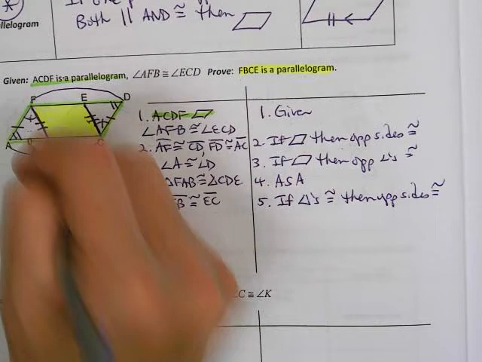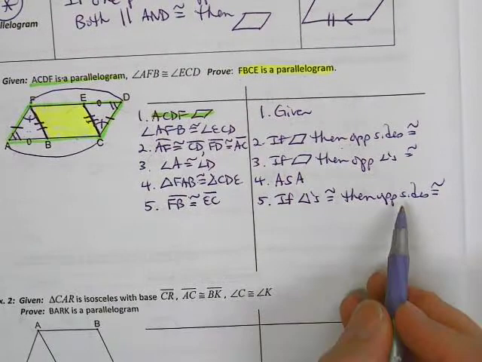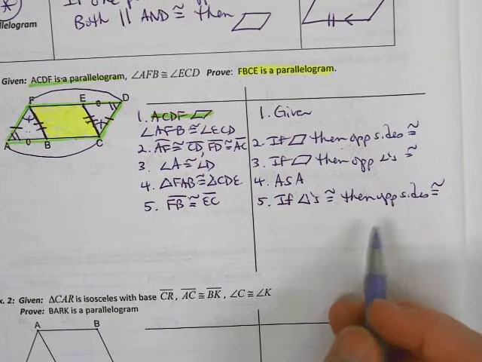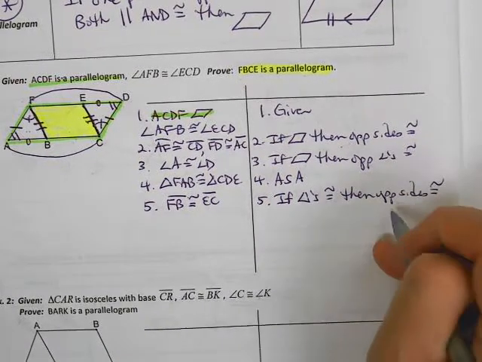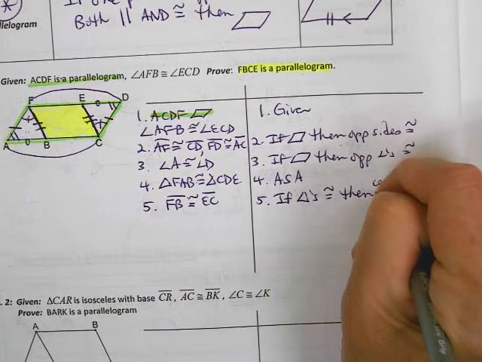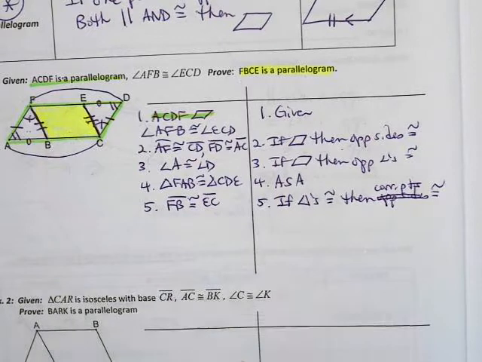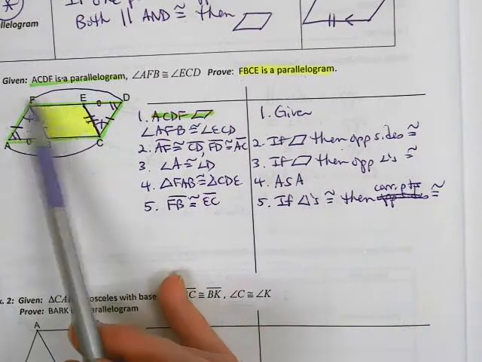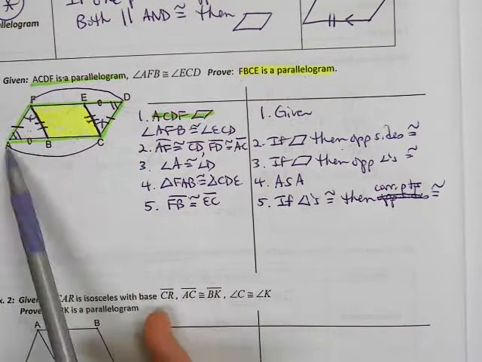Can't I get AB congruent to ED also by, and why did I say opposite sides congruent? If triangles congruent, then, I'm just looking at my work here, corresponding parts are congruent. Sorry, so now I'm back here. I have FD and I have AC, right?